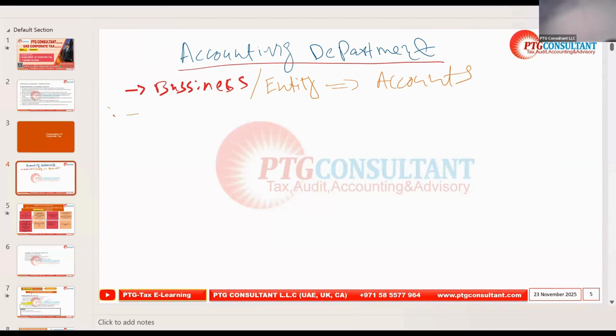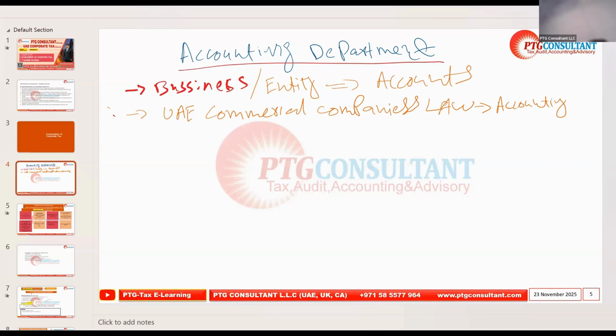And even the UAE commercial company law requires accounting to be kept for record purposes.